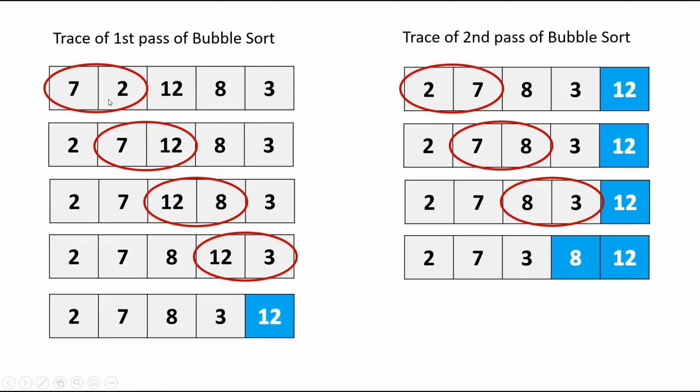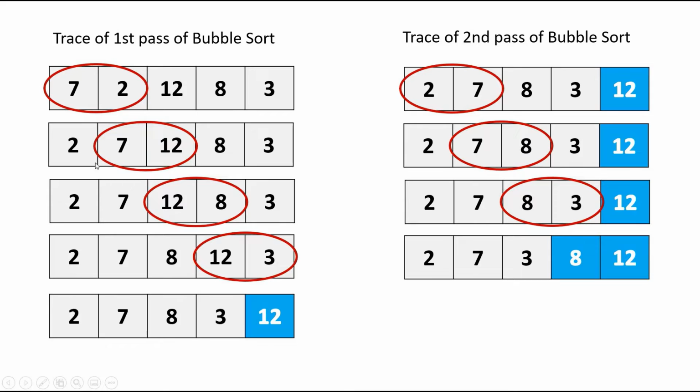This is not in order, like 7 is greater than 2. So we have to change these two, like it is in ascending order. Now in the second list, 2 has come here and 7 has come here.